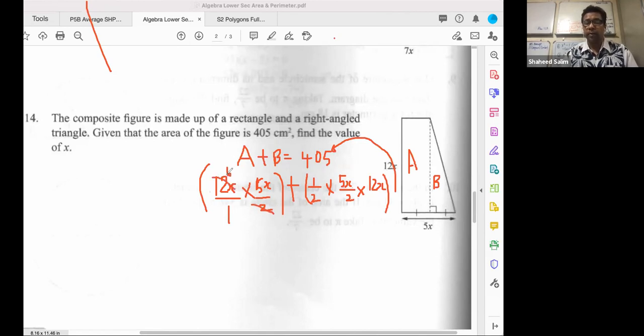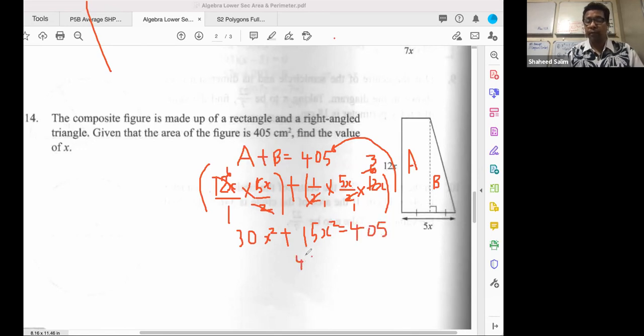You get 6 times 5, 30x squared. Plus, this one you can cancel. You get 1, 6. Can cancel again, 1, 3. 5 times 3, 15x squared. This is equal to 405.